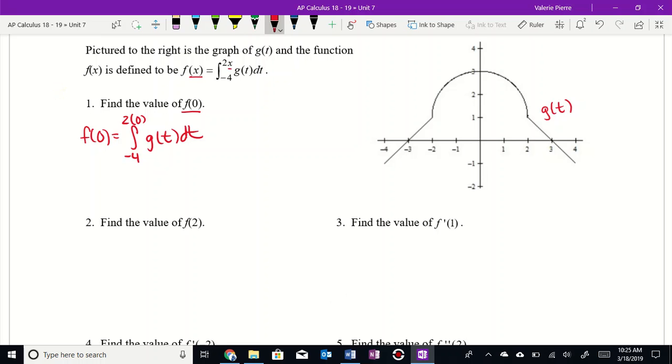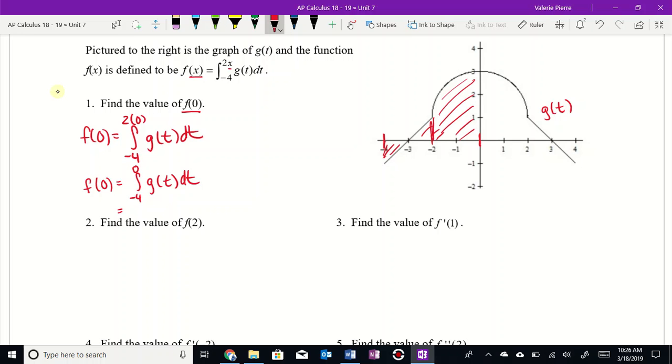So this right here is going to be equal to f of 0 equals the definite integral from -4 to 0 of g of t dt, which from -4 to 0, we're looking at the area between the curve and the x-axis.